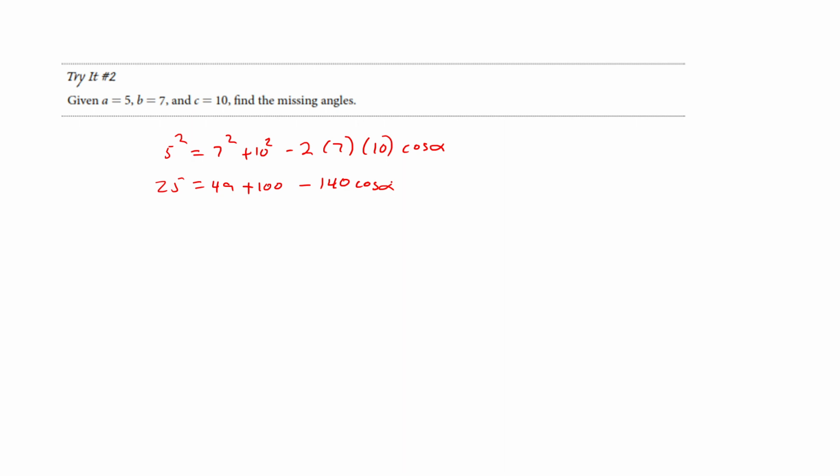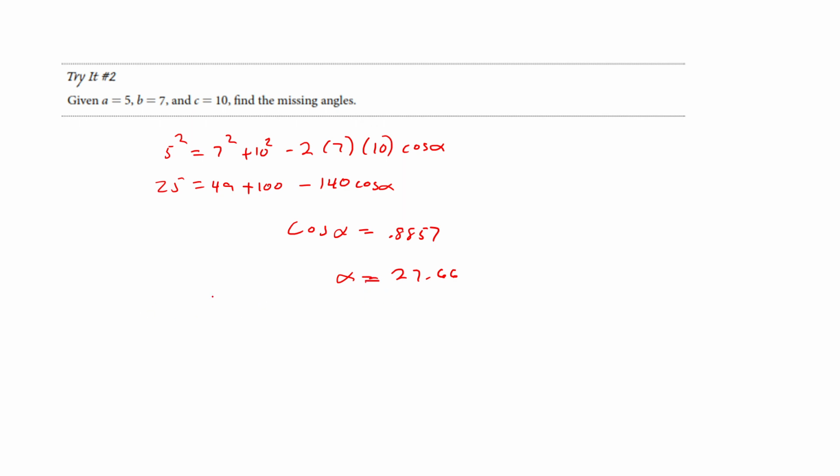Okay, I'm going to do the rest of this in one shot. Just 25 minus 49 minus 100 divided by negative 140. So I get cosine of alpha is equal to 0.8857. If I inverse that, I get a unique answer. So alpha has to be 27.66.